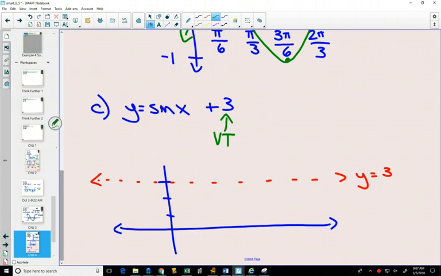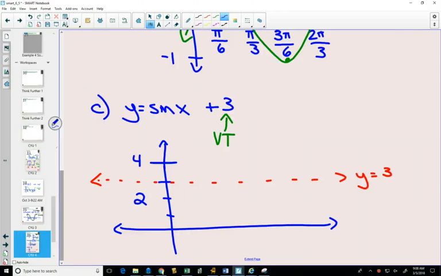Remember our definition of an amplitude is the distance from the center line to a maximum or from the center line to a minimum, so I now know that my maximum is going to be at 4 and my minimum is going to be at 2.